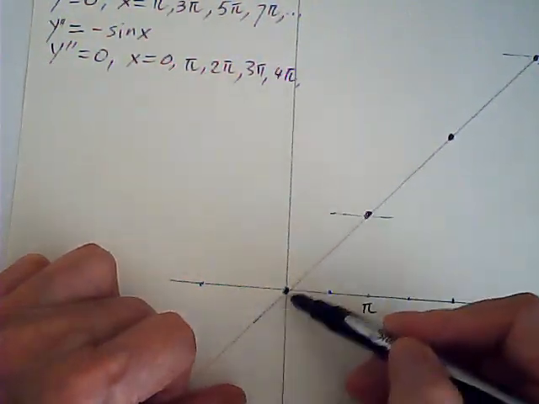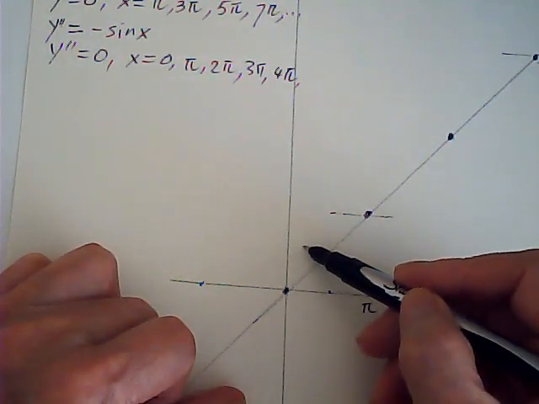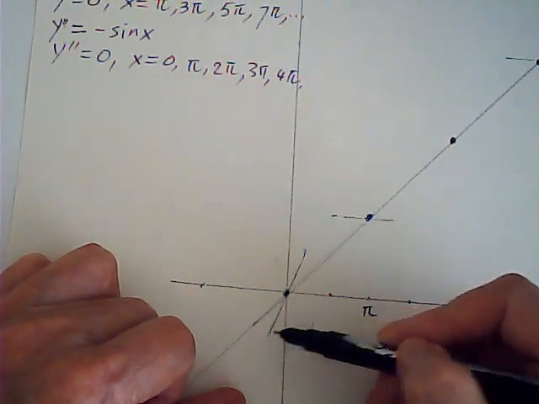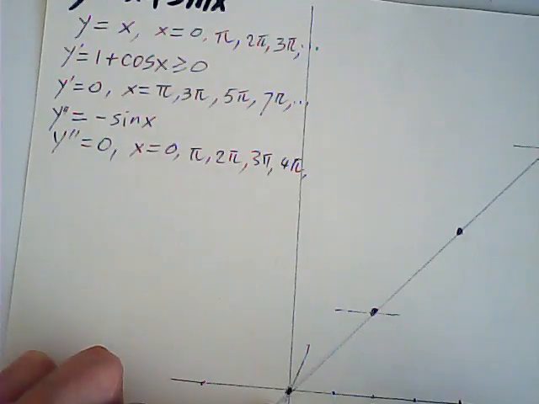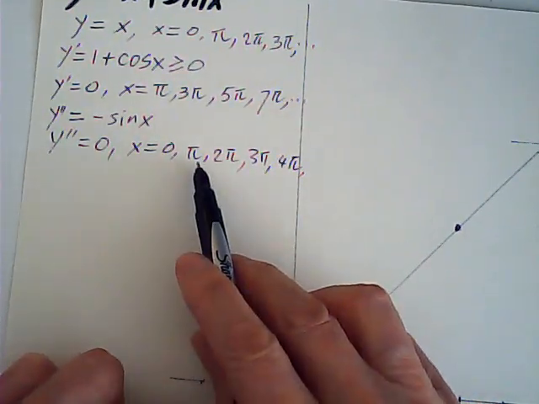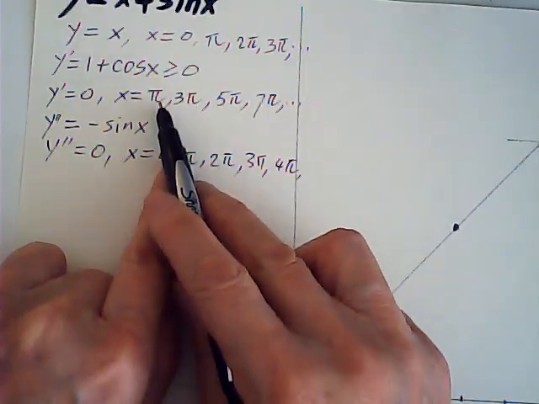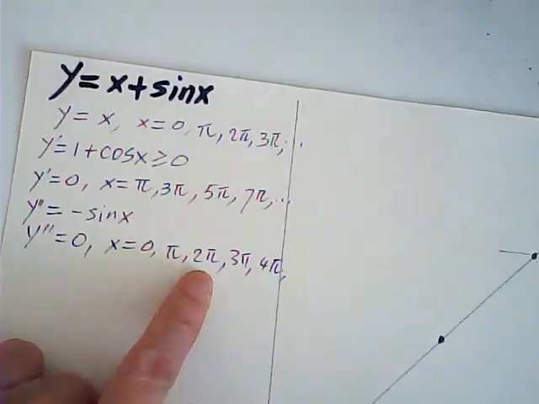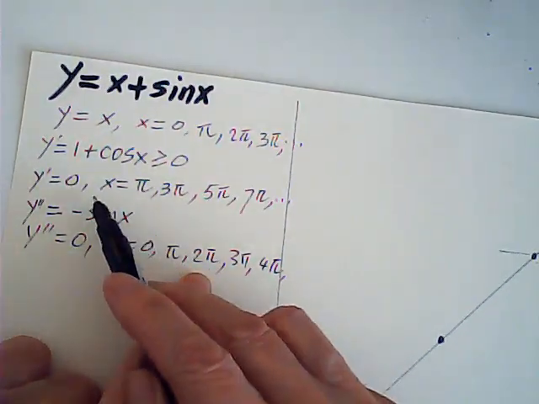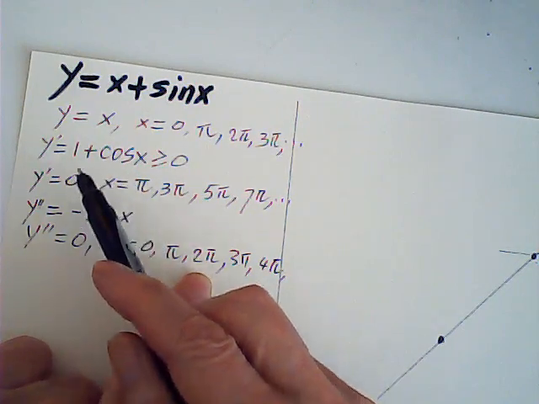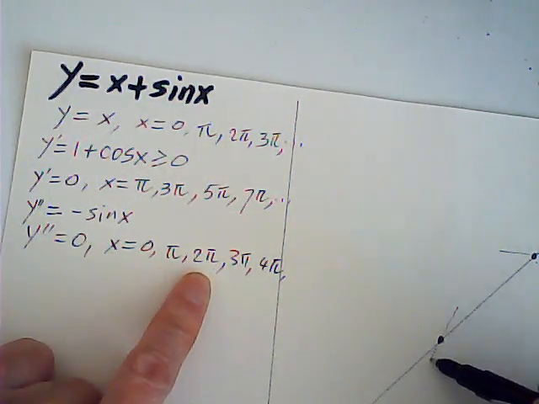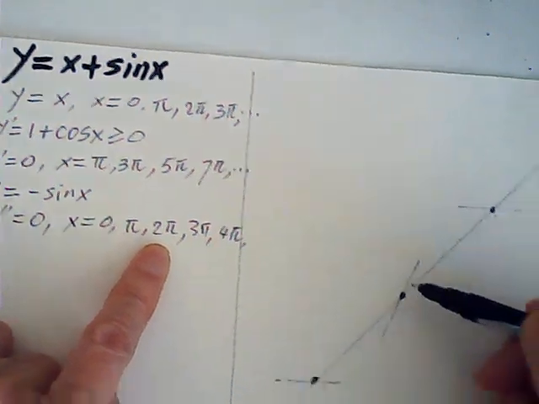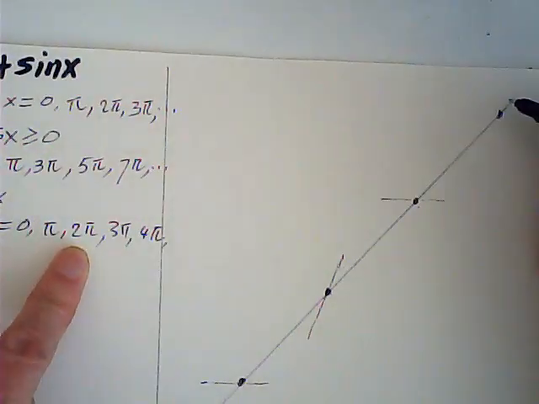Now this is the slope of 1, right? Slope 2 is something like this, tangent to this one. At pi, the slope of the tangent is 0. At 2 pi, the derivative will be equal to 2, so the slope of the tangent line is 2.